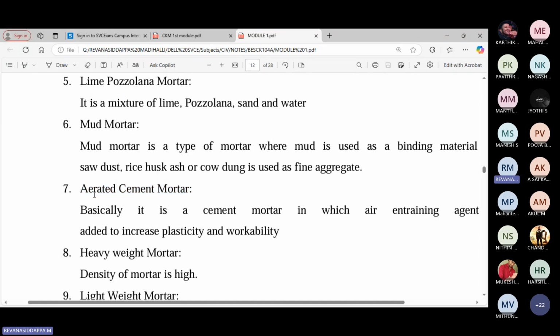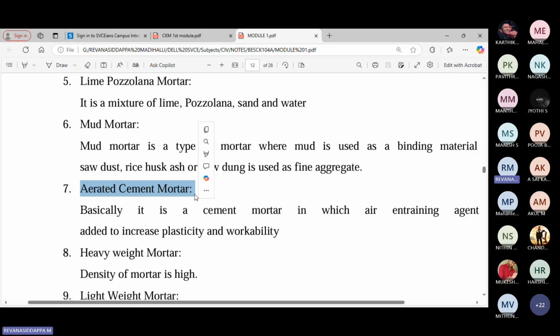So the specialty of this aerated cement mortar is that to the common mortar, we add some air entraining agent, and the final product is called aerated cement mortar.